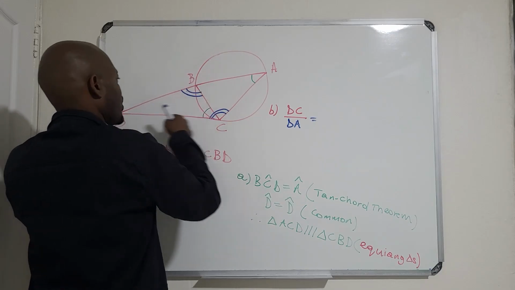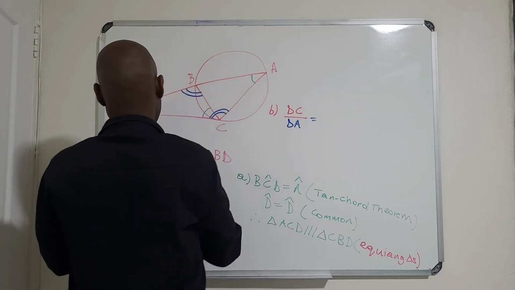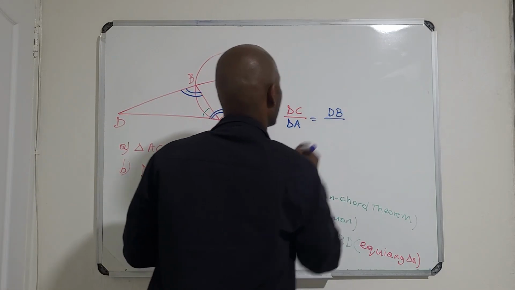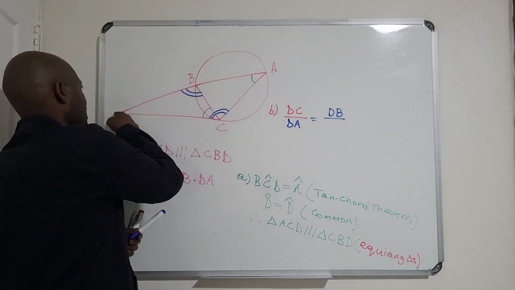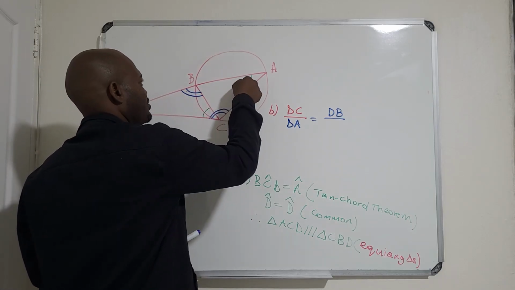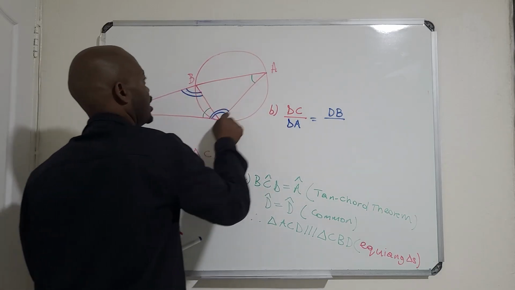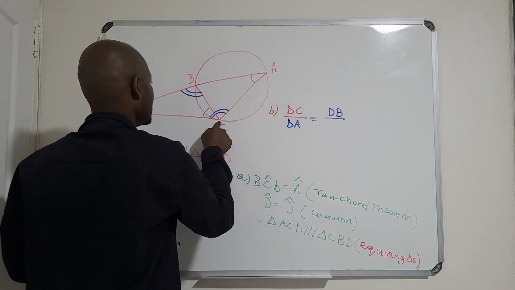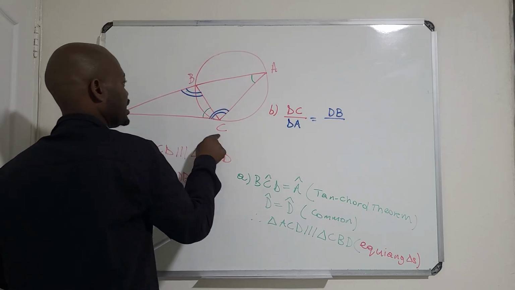And we need to start with the side in the small triangle, which is DB, over. We can see that this angle is subtended by this side. We must look for the side which is subtended by this angle in this triangle. Therefore, in this triangle, this angle is opposite this side, which is DC.